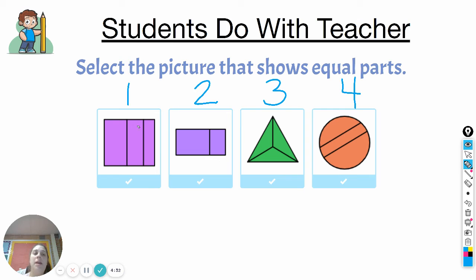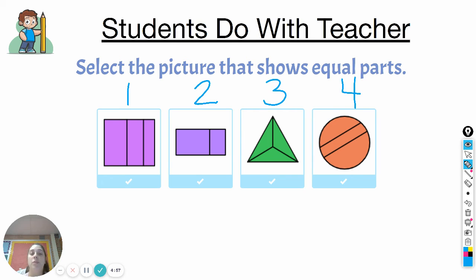Okay. And then we have our other 3 pictures that are broken into 3 pieces, which should be thirds if all the pieces are exactly the same size. So I'm going to give you just a moment to take a look at these pictures and think in your head which number shows equal parts.